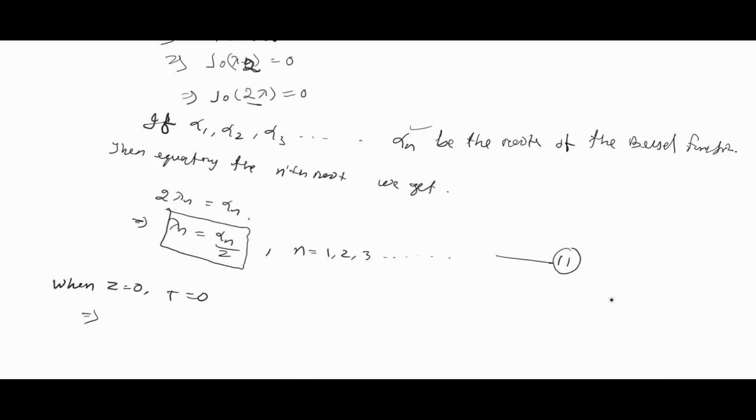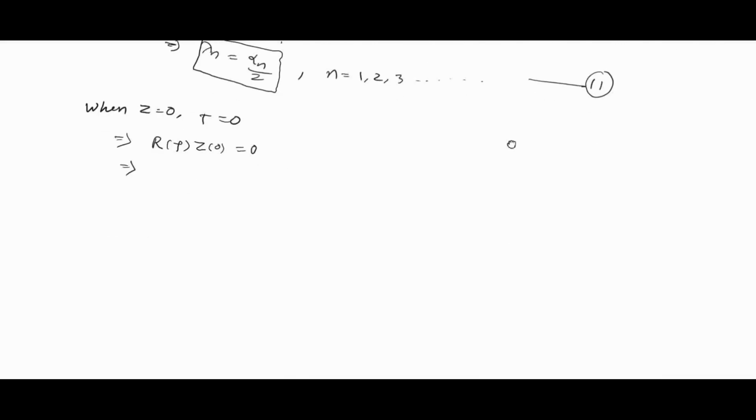That implies we can write R rho and Z0 is equal to 0. Because R rho cannot be 0, that implies Z0 is equal to 0.